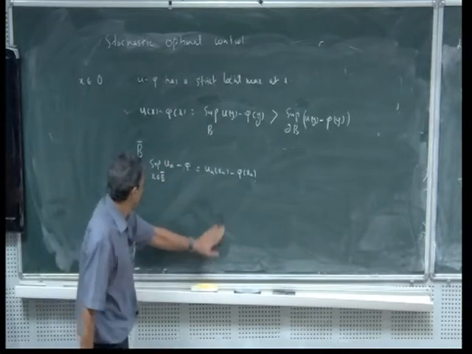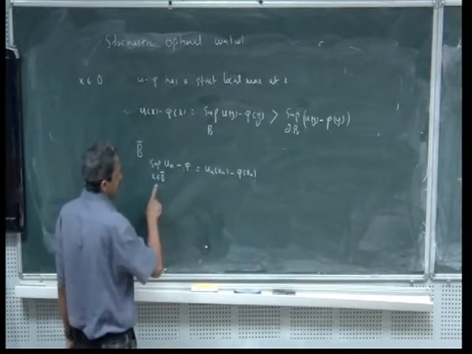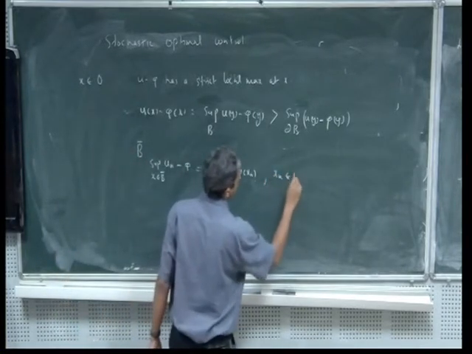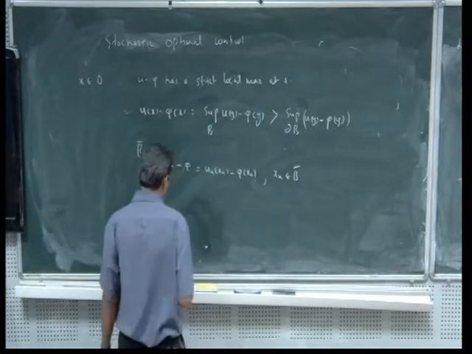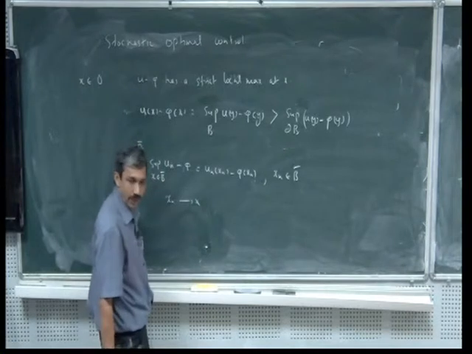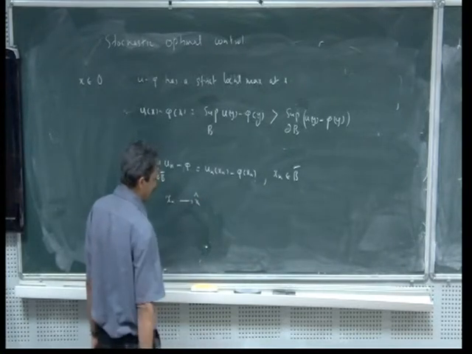So the x_n's are here, x_n will be in B_n closure. Take a limit point, call it x hat.